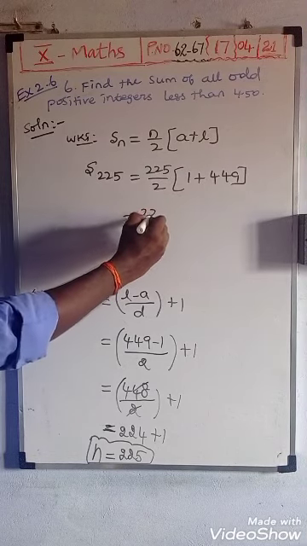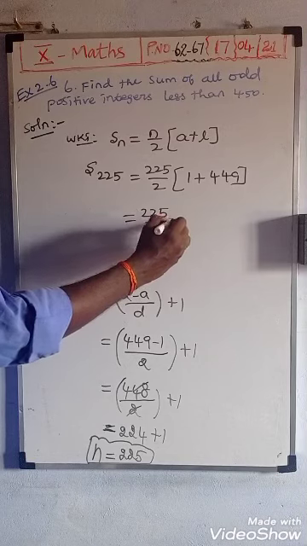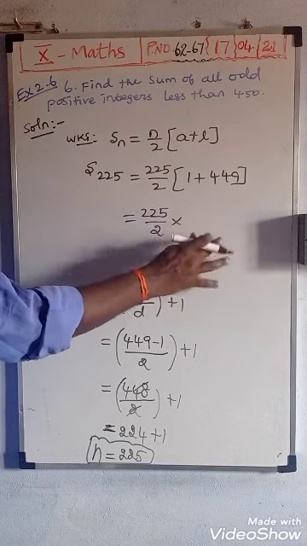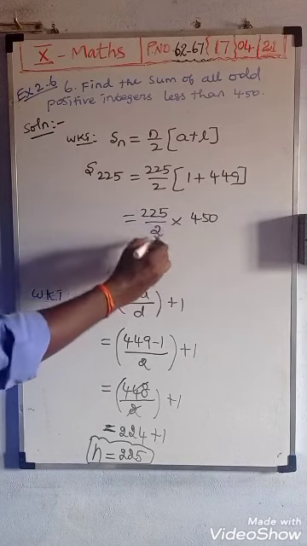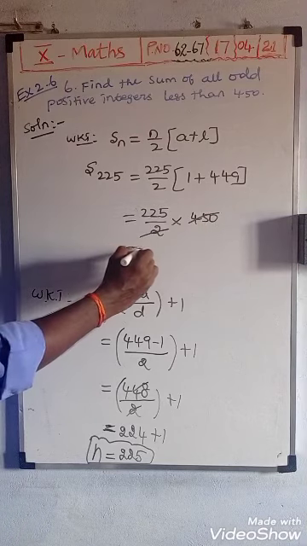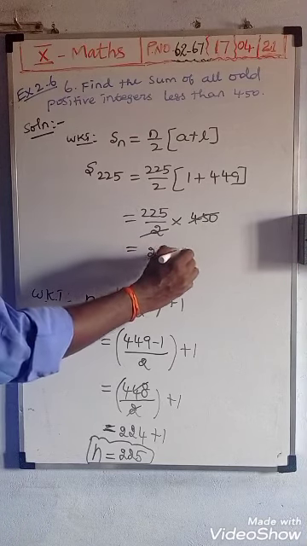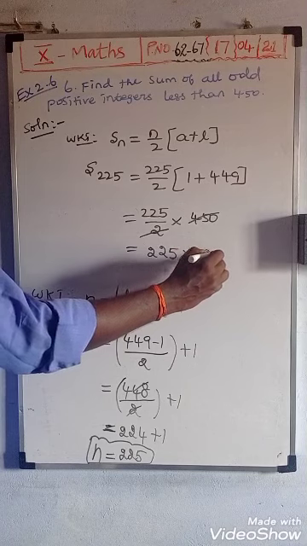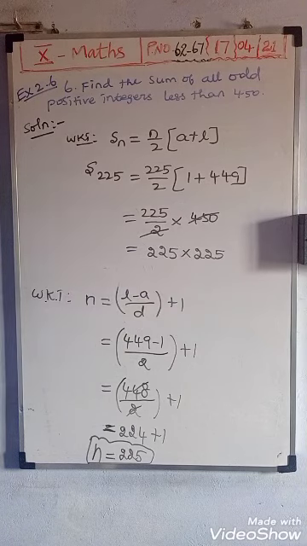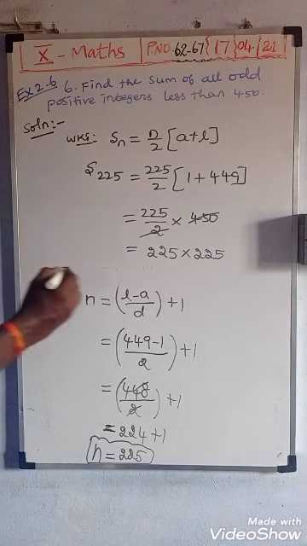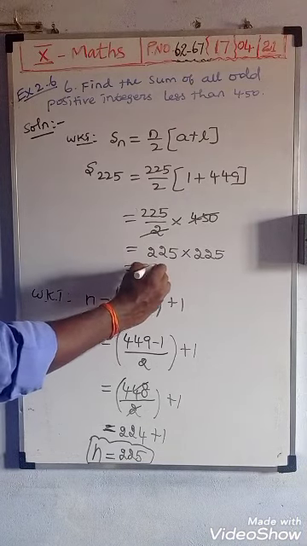This we cannot cancel, so 225 by 2 into 450. So cancel this, we will receive 225 into 225.